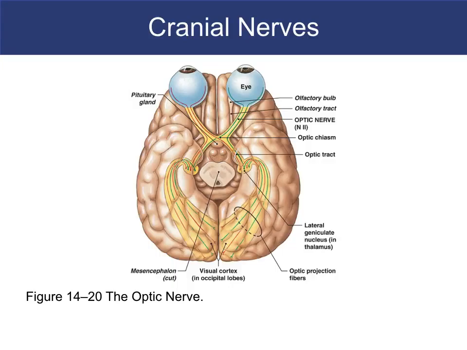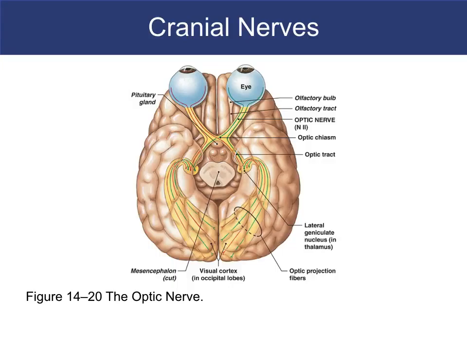Now, how do eyes work in terms of this whole system? Well, think about it like this. Here's your eyeball. Here's your eyeball. We're looking at it from the top, let's just say. So this is the left eye, and this is the right eye. The thing you have to remember is that you have to talk about 2 things. One is the visual field, what you're looking at, and the other one is the retinal field.